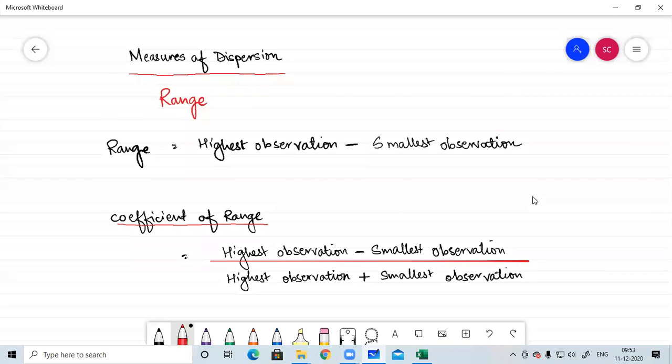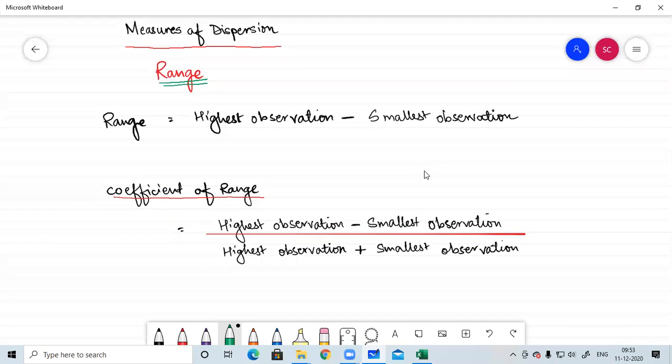Okay. Now, the first part in that is range, which is the easiest. What is the formula for range? Highest observation minus smallest observation. Write down the formula, please.